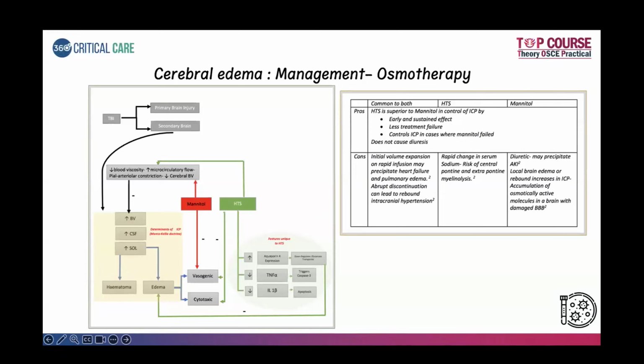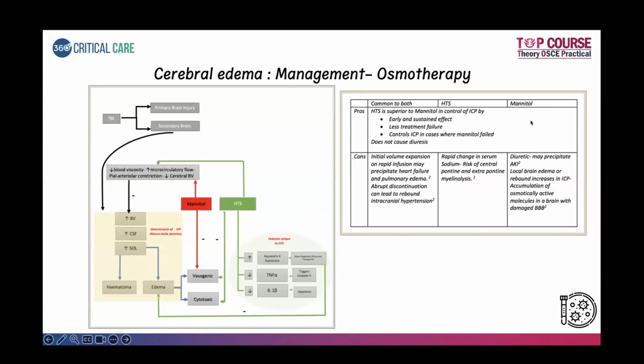The patient may be intravascularly dry, thereby compromising the blood supply to the brain. But this is not so common with hypertonic saline. So you don't have to bother about chasing fluid into the patient. One way you are trying to decongest the patient to reduce the ICP, and the other way you are worried about the volume status. That is not so with the use of hypertonic saline.